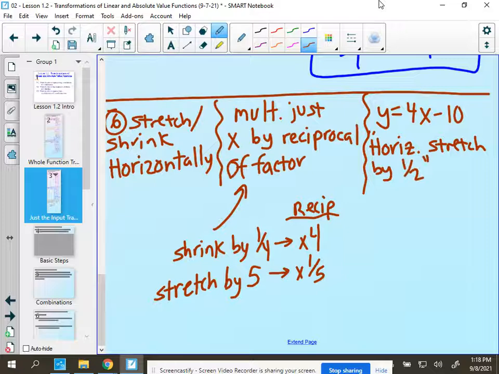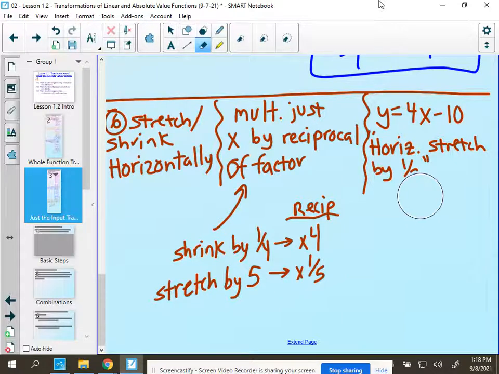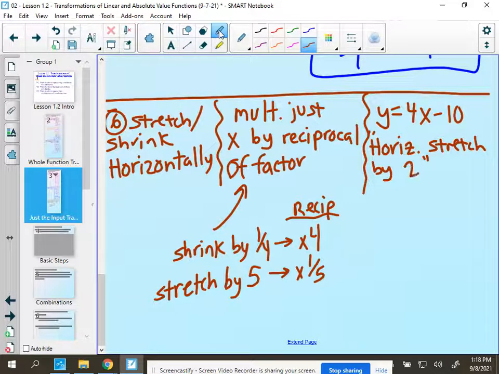Stretch everything horizontally by 1/2. Oh, that doesn't make sense. I'm trying to think a step or two ahead of you and I'm screwing it up. If it's a stretch, the number should be greater than 1. So it would say stretch everything by a factor of 2. Horizontally stretch it by 2.